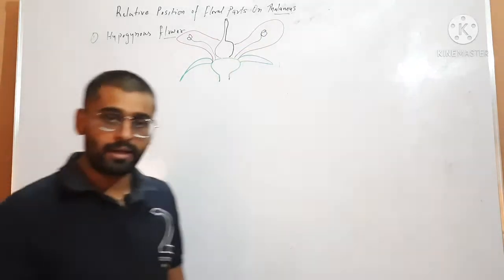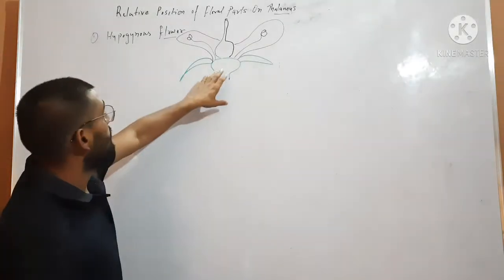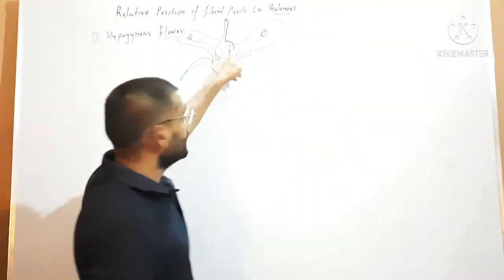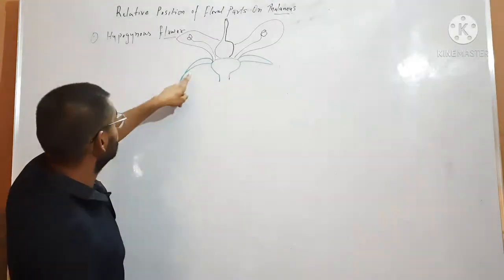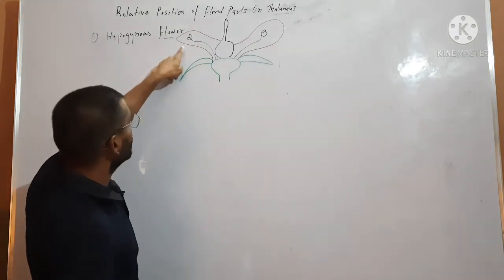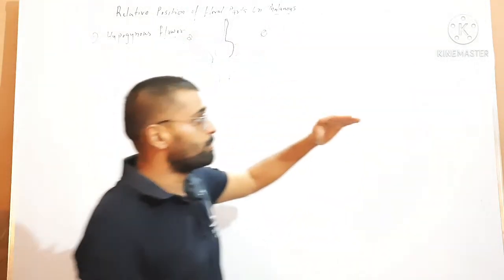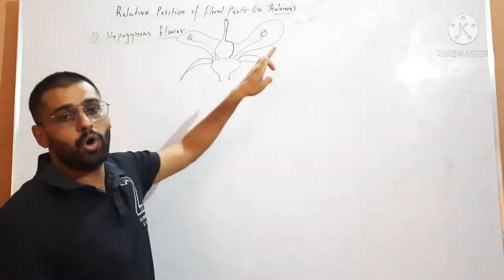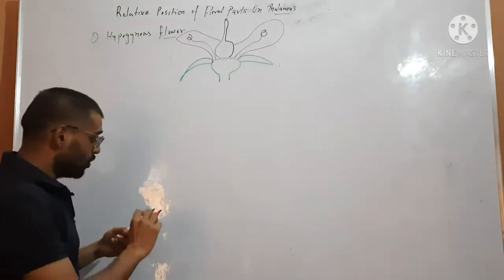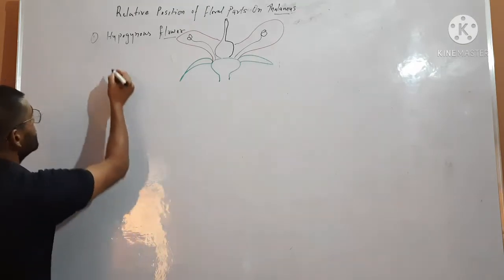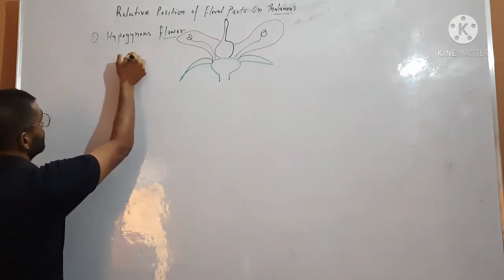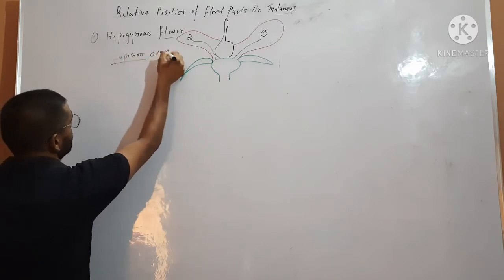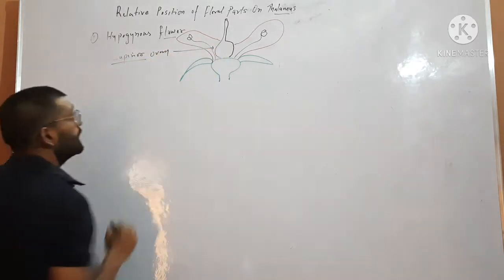So in this diagram, you can see that the thalamus is swollen and the ovary is present at the top, and other parts like calyx, corolla and androecium are all inserted below the ovary. So here the ovary will be called superior, because the ovary is present at the top.